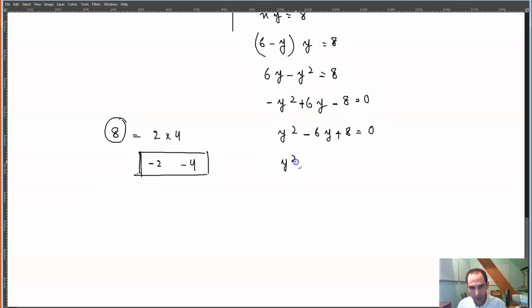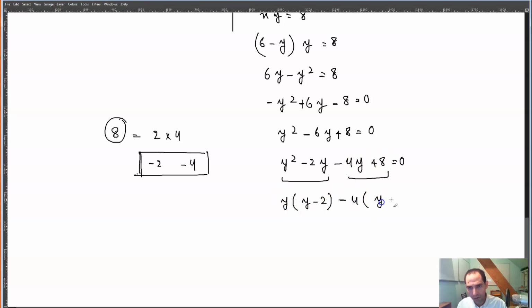That means that I can use these two numbers to rewrite this equation. So I write it as y squared minus 2y minus 4y plus 8 is equal to 0. Then I will take these two terms together and these two terms together. From the first two I can take a y out, y minus 2. From the other two I can take a negative 4 out, so y minus 2. Now from these I can take y minus 2 out and write this as (y minus 2)(y minus 4) is equal to 0.